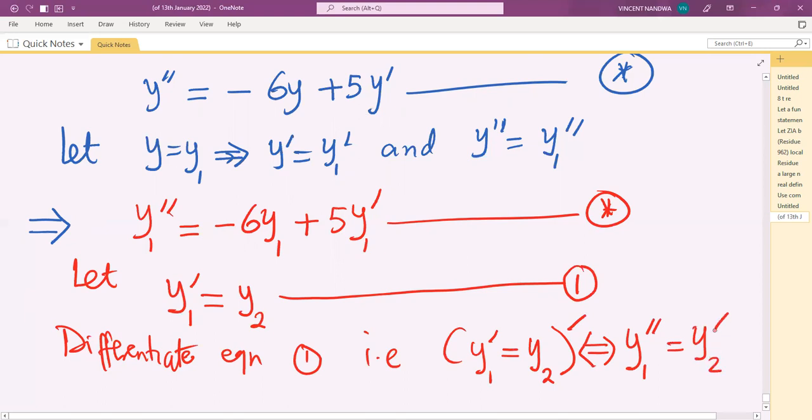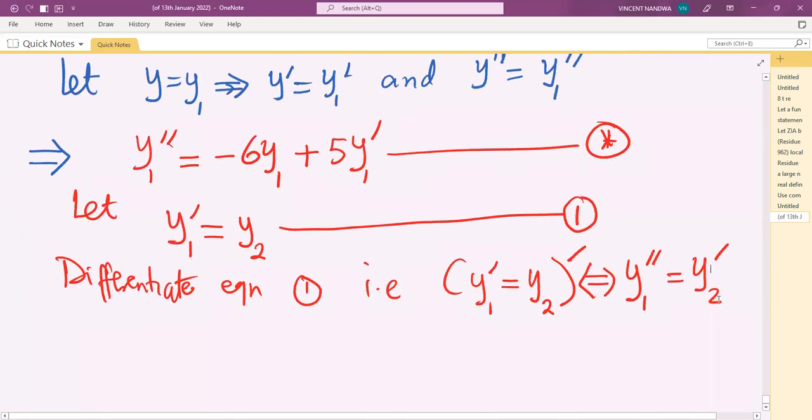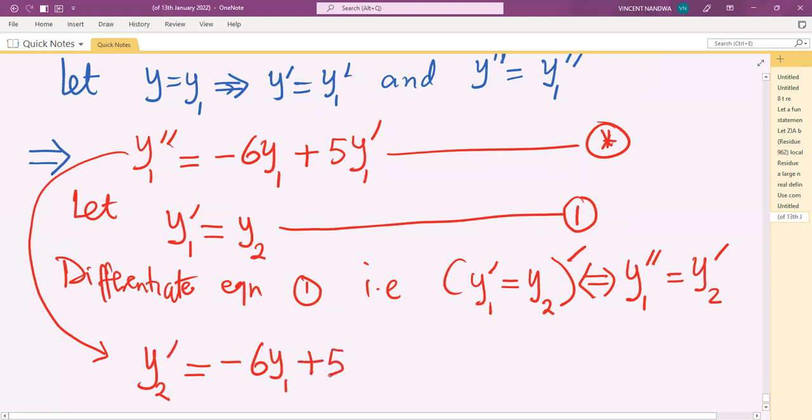So which means that where there's y1 double prime in the star equation, you replace it by the new variable y2 prime. So that equation will be y2 prime is equals to negative 6y1 plus 5, but instead of writing y1 prime, because y1 prime from equation 1 is y2, I write 5y2. So this is my second equation.